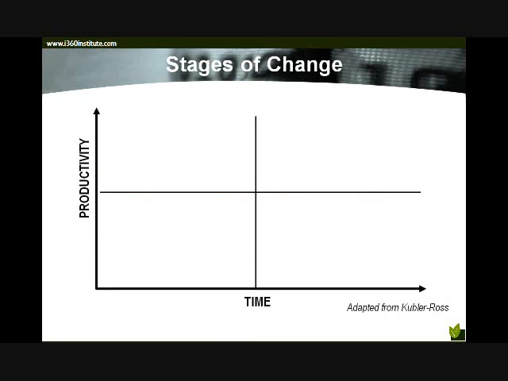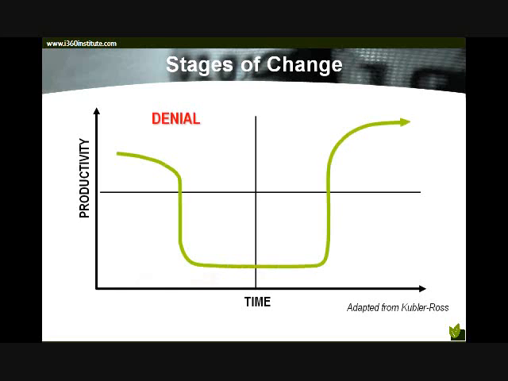Speaking of those stages, we also talked about the individual changes that individuals go through as they are attempting to transition themselves from the old way of doing business to the new way. Just a quick review of the 4 stages.